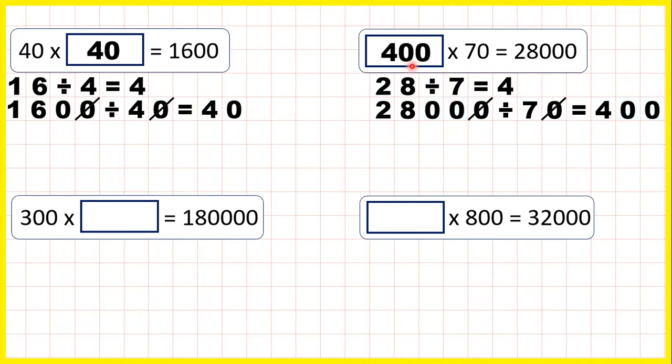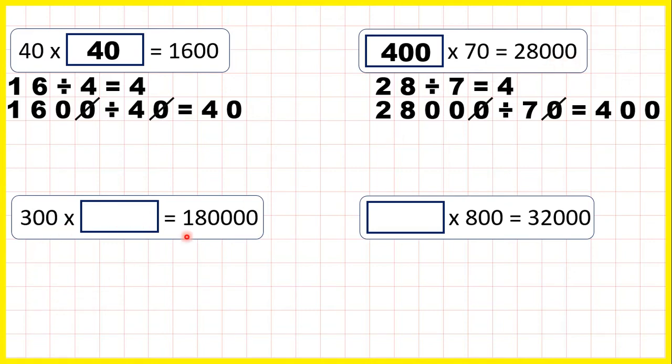So 400 times 70 is 28,000. And you can see this works because 4 times 7 is 28, but here we have a total of 3 end zeros in our multiplication question, so we need 3 end zeros in our answer.